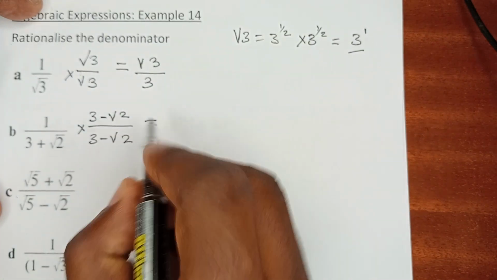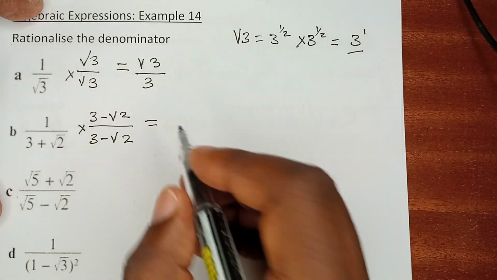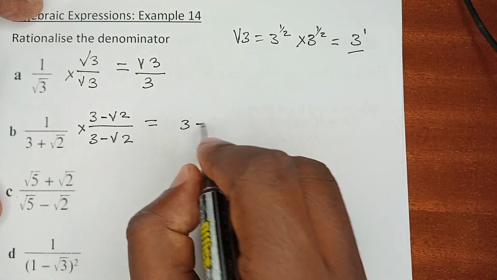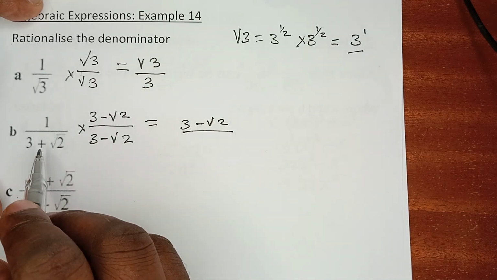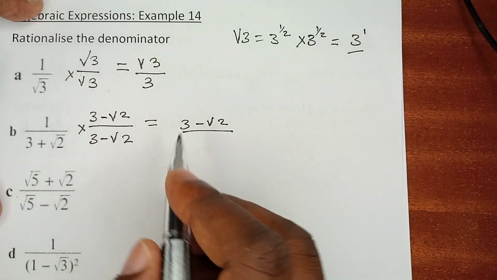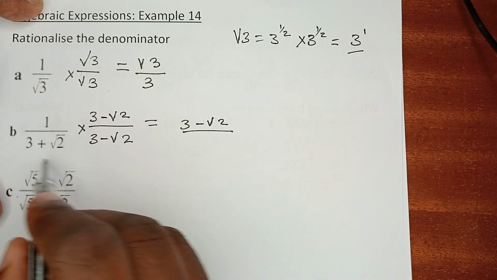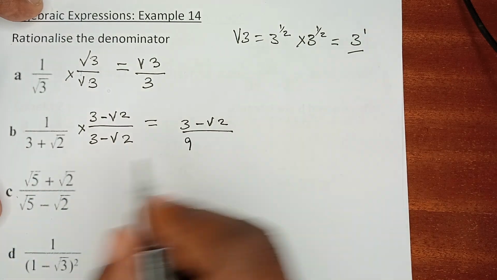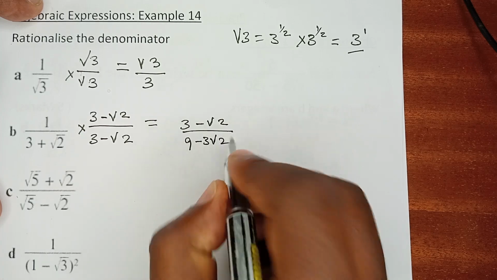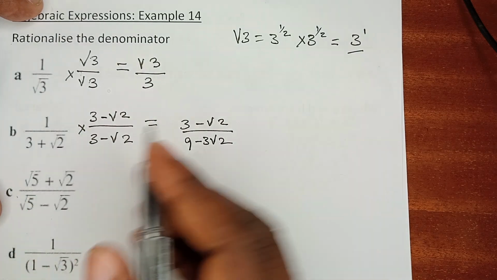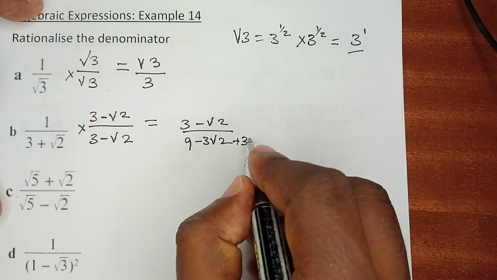So 1 times 3 minus root 2 is simply 3 minus root 2, all over 3 plus root 2 times 3 minus root 2. Using the FOIL, 3 times 3 is 9. 3 times minus root 2 is minus 3 root 2. Root 2 times 3 is plus 3 root 2.